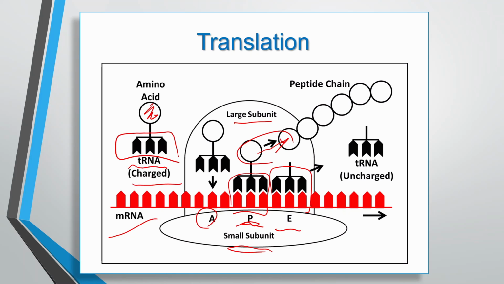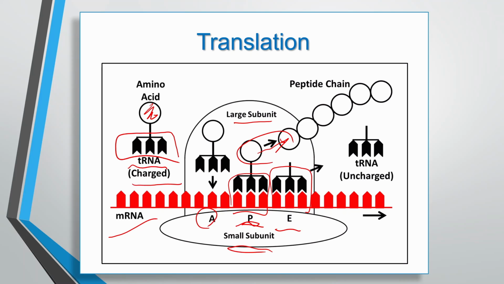So this process of recruiting the appropriate tRNA/amino acid complex, lining them up, releasing their amino acids, and setting them free again, while peptide bonding each amino acid to the previous one, happens, like I said, similar to a conveyor belt going through an assembly line.